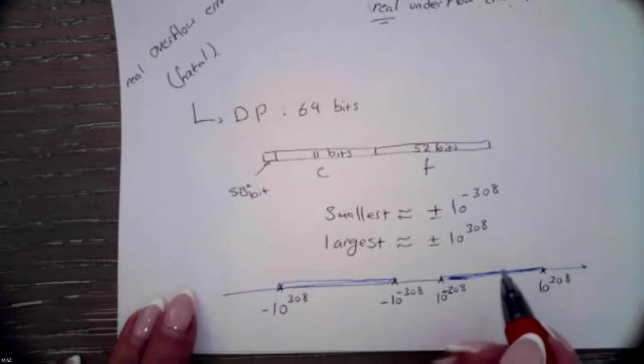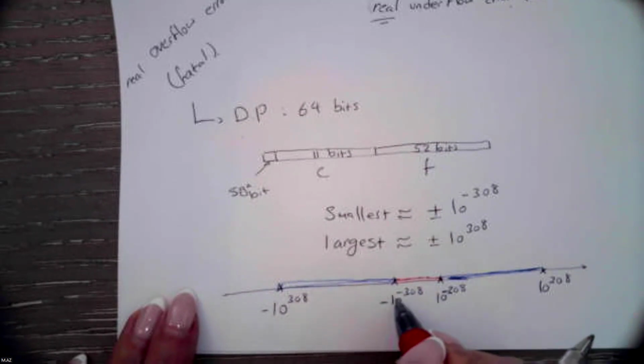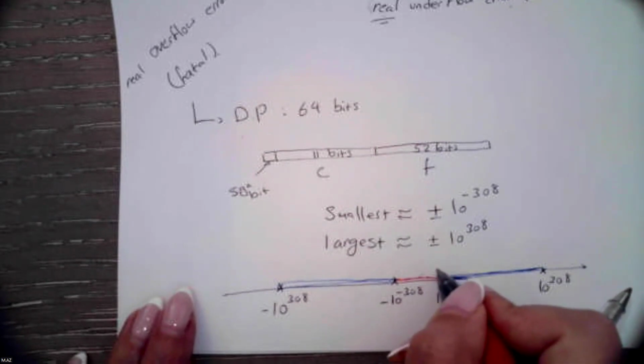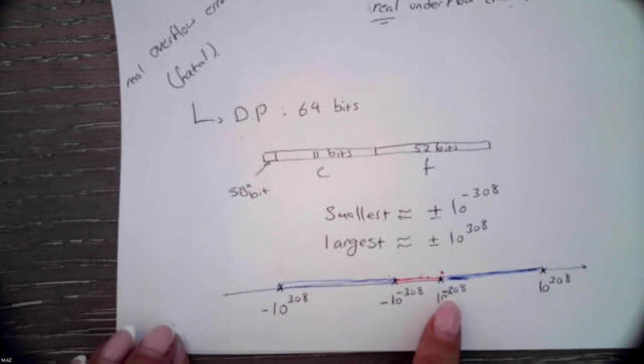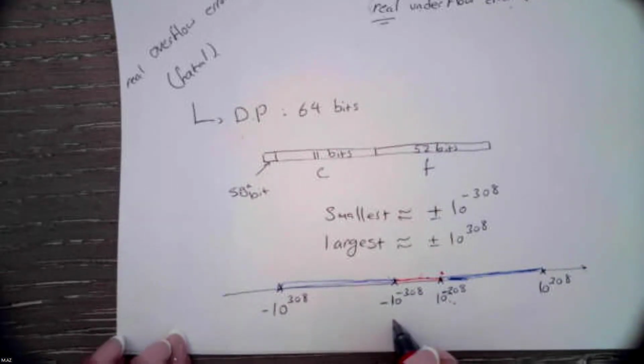But if you are attempting to store any number smaller than these two values, what happens? The computer resets to the nearest of these numbers, maybe minus 10 to the minus 308 or positive 10 to the minus 308, and we have a real underflow error.